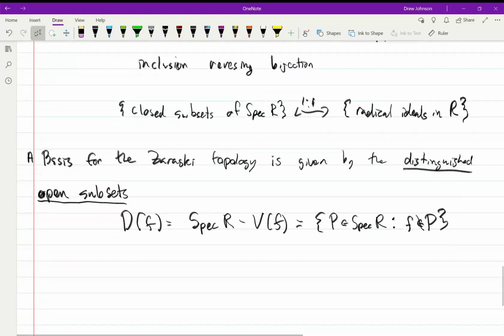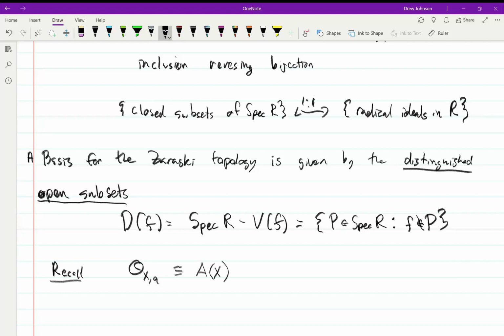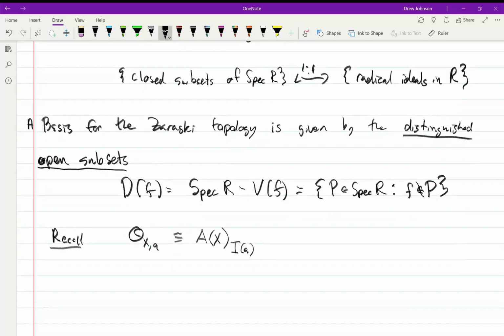So to see what the right thing to do is, let's recall this result that for affine varieties we had the local ring of the structure sheaf at A. You could consider these as function germs at A, or local functions around A. Remember, this was isomorphic to the coordinate ring localized at the ideal corresponding to A. Now, this makes good sense for schemes, right?